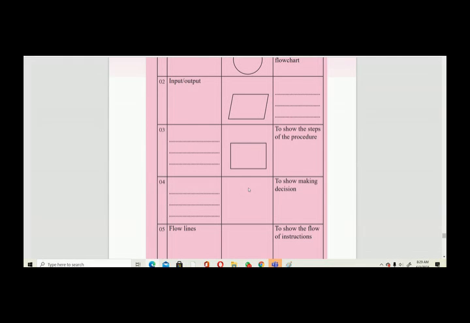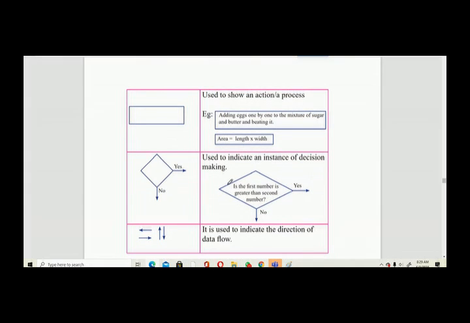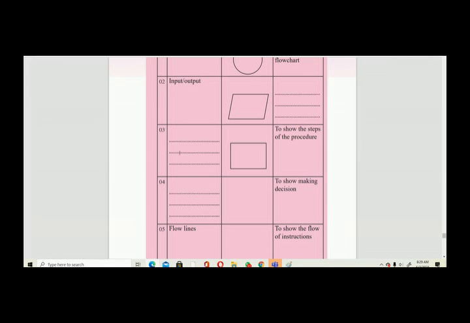Then the next one. To show making a decision, what is the shape? You have to draw a rhombus. Here you can write decision making.